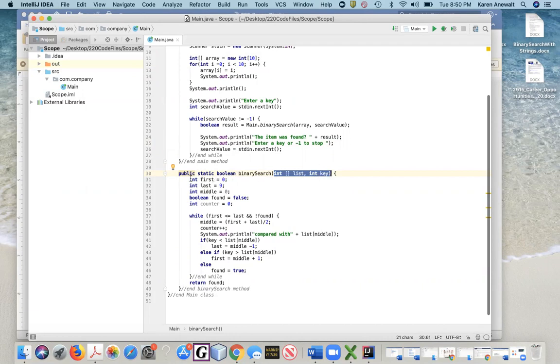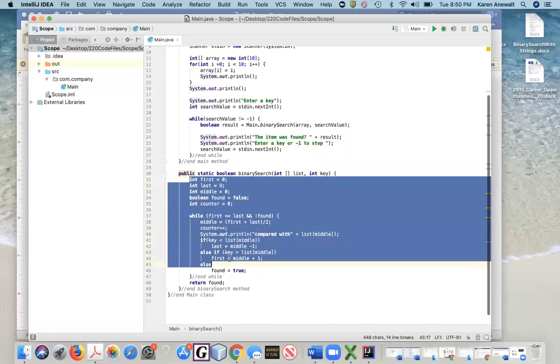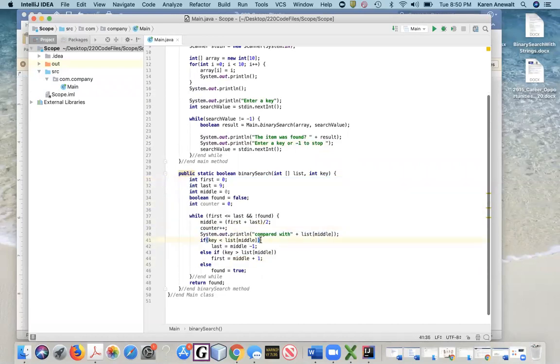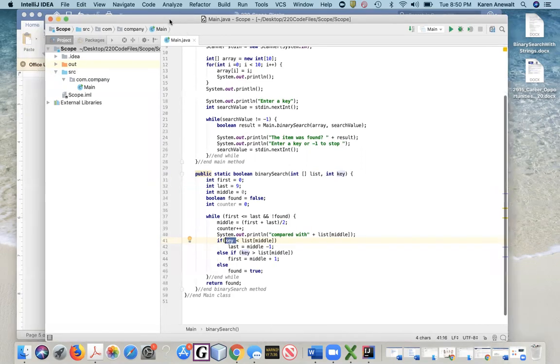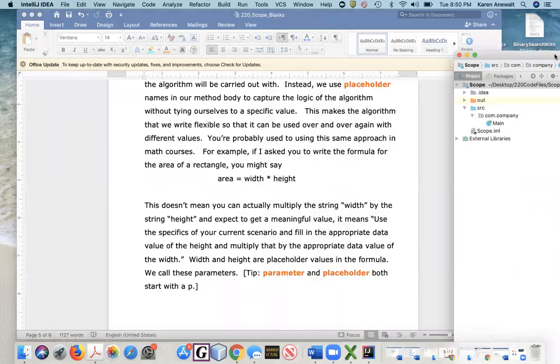So as I coded up the binary search algorithm, I was careful to use those identifiers, list, that's my collection of information, and also key, that's the information that I'm looking for. I used both of those placeholder names inside my algorithm because I didn't know what actual values were going to be used by somebody calling my method. So again, list and key, those are the parameter values for this example program.